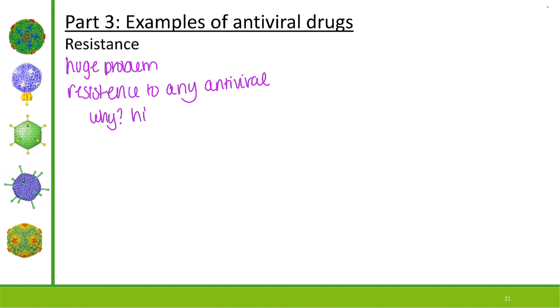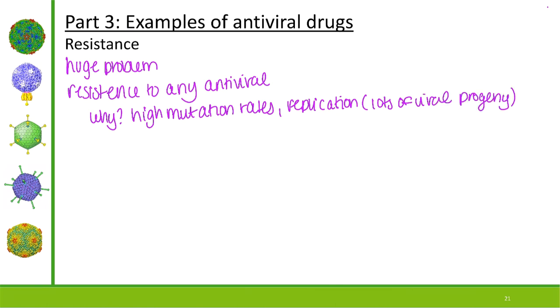Why? We have a lot of high mutation rates, right? If we think about the replication of viruses, we get lots of viral progeny. So their reproductive life cycles are a lot shorter than ours. And of course, some of the things that we are especially concerned with are going to be chronic infections.